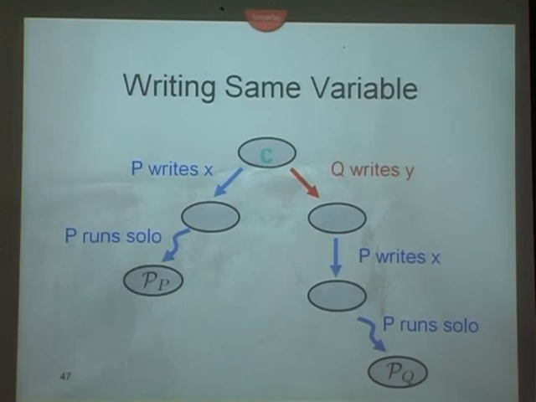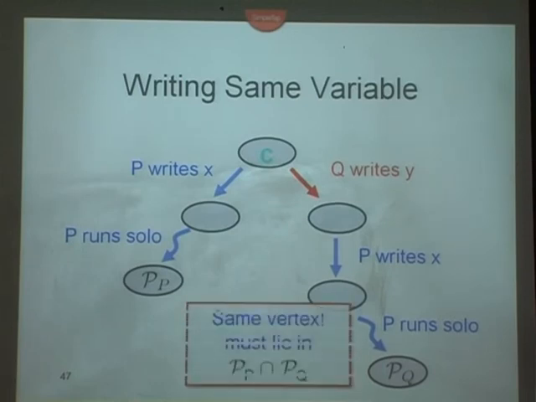X and Y, pointers or values? Values. So they write on the same variable? Yeah, so this is a typo. This should be X. So I want Q to write X, and then P immediately overwrites it. So nobody can tell that that was written. Variables don't remember any history. And so, again, this really depends on the semantics of read and write memory.